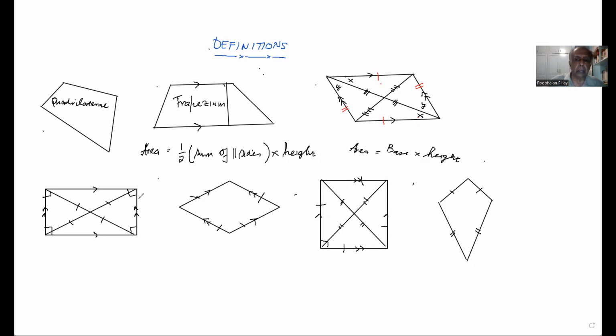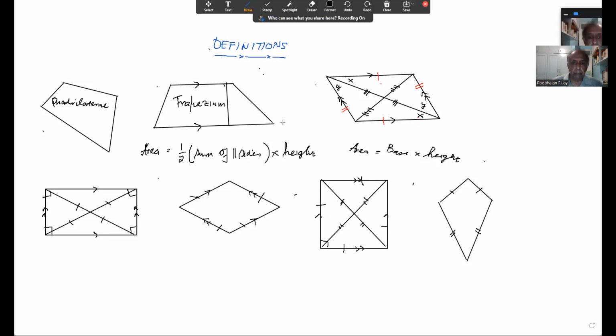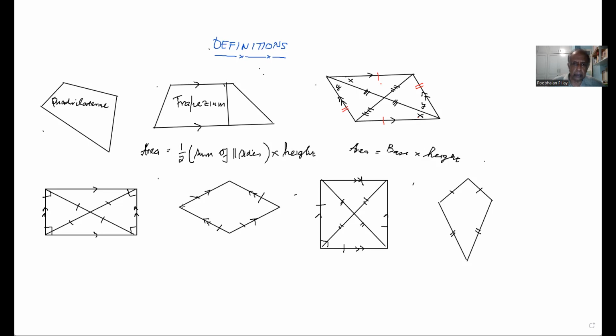All right. Now, if you look at a parallelogram where the adjacent sides are equal, like those two, what can we say? Well, if you take a single diagonal, in this case here, take a diagonal like this. We know that it's a parallelogram, so the opposite sides are parallel.